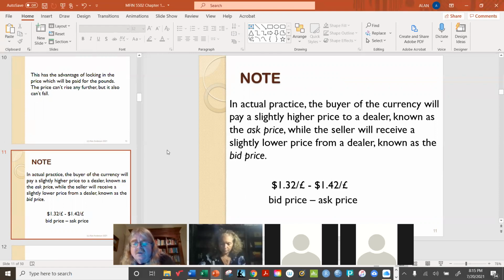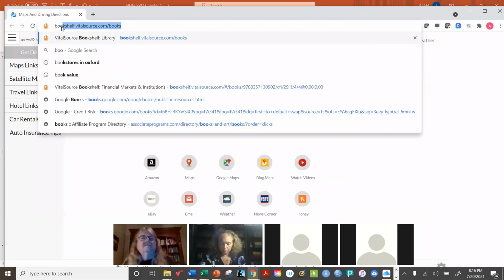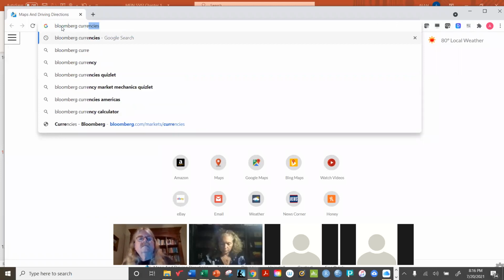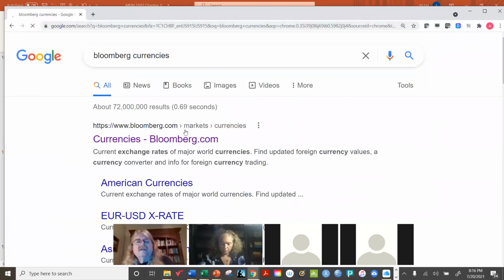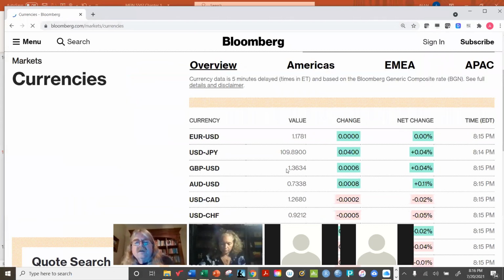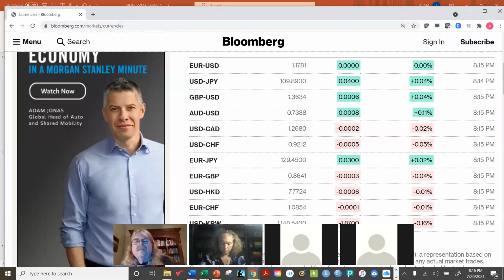That's how it's done in any dealer market. This is true for stocks as well. There's a bid and there's an ask price. So any quotes you might see, let's say on a website like Bloomberg, let's take a look for a second. Bloomberg currencies, let's see what the exchange rate is today for the dollar and the pound. That number is the midpoint of the bid and the ask spread.